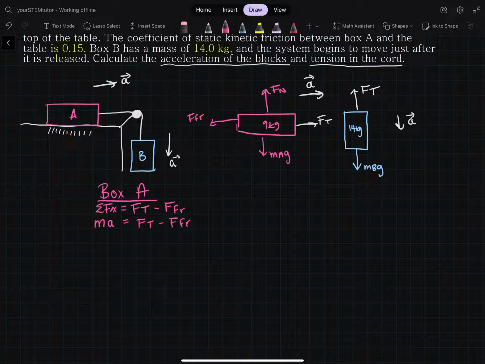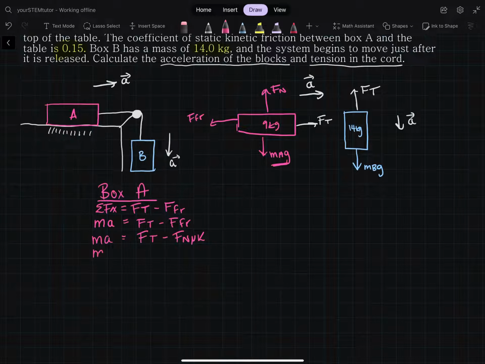Another thing that we know is that force tension is going to be equal between block A and block B since they are sharing a cord, and the tension of the cord is going to be the same for each of them. But the force of friction for block A is always equal to force normal times the coefficient of kinetic friction. And since the force normal is opposing directly its force of gravity, it's going to be equal to the same thing.